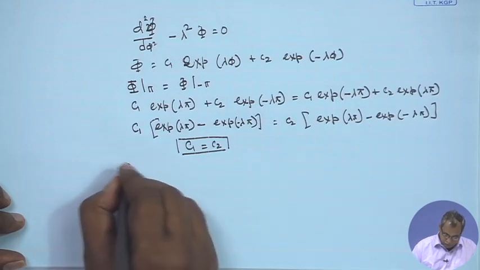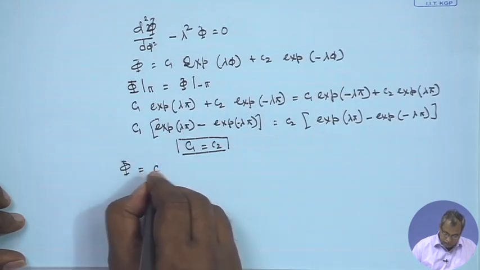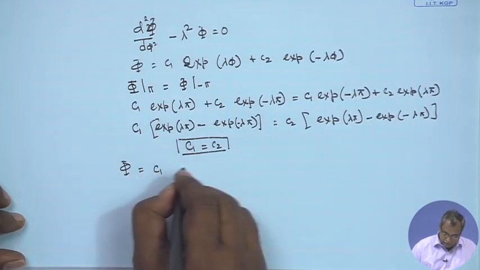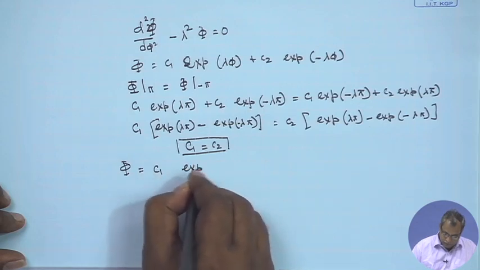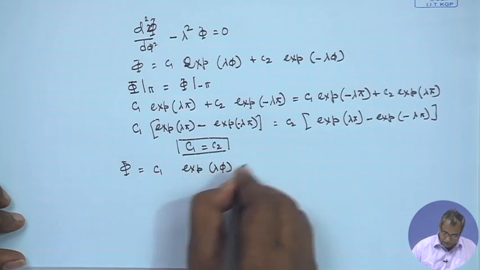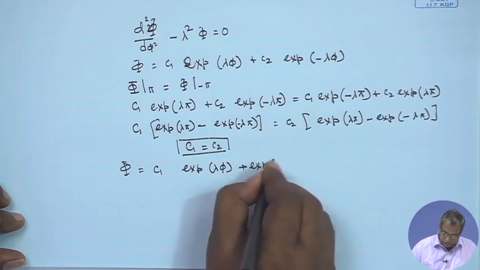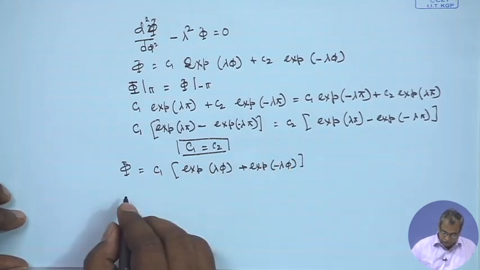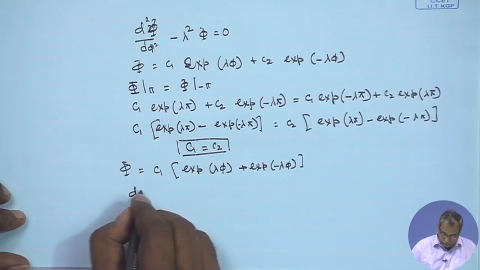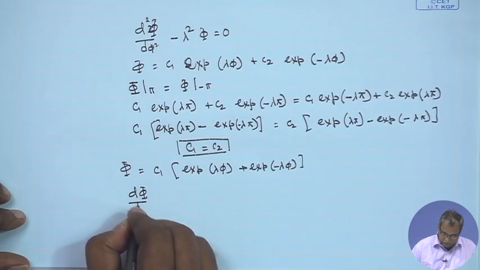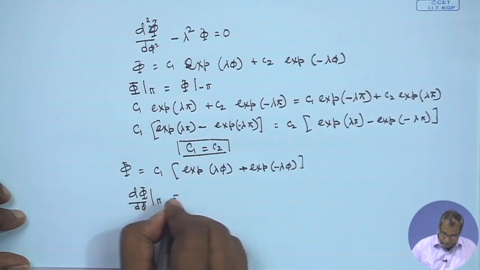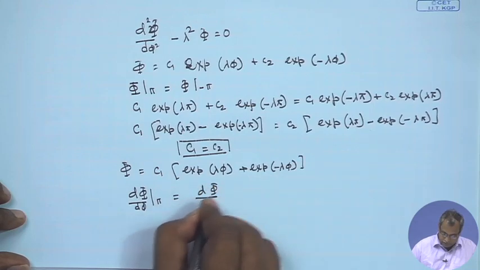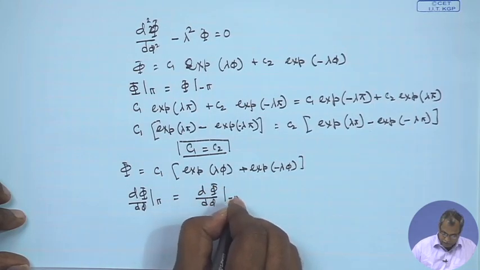So, we will have phi is equal to C1 common, exponential lambda phi plus exponential minus lambda phi. Okay. Then we will utilize the other boundary condition, d phi at pi is equal to d phi at minus pi.